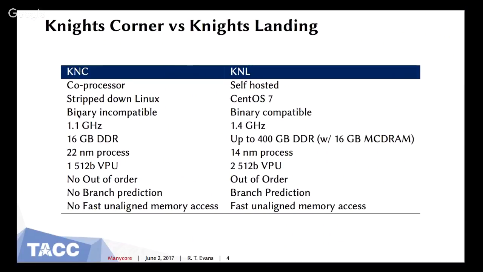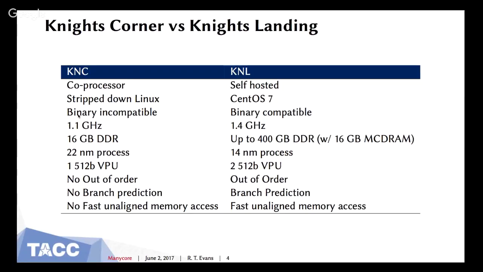Okay, so if you've had experience with the first generation Xeon Phi, that was the Knight's Corner. This is the Knight's Landing. This is just a quick look at the differences. So since this is self-hosted, it runs a full-blown Linux. If you actually logged into the Knight's Corner, you notice that Linux-wise, there doesn't seem to be much going on in that system or a lot of features available.